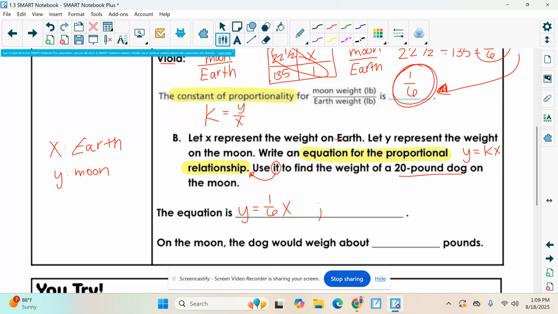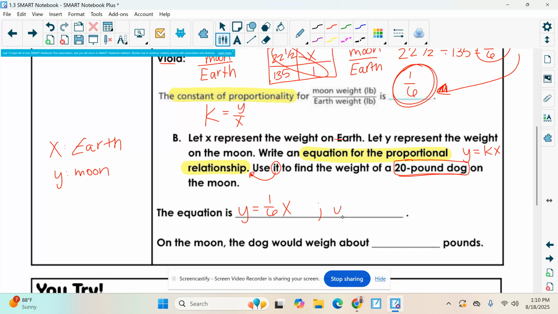What does 20-pound dog represent? Where's the dog right now? It's asking you to find it on the moon. Where does the dog live? Earth. Okay? So if the dog is 20 pounds on Earth, is that going to go for the X or for the Y? X. So we're going to substitute the X with 20 pounds so that we can figure out Y, which is how much he is on the moon.